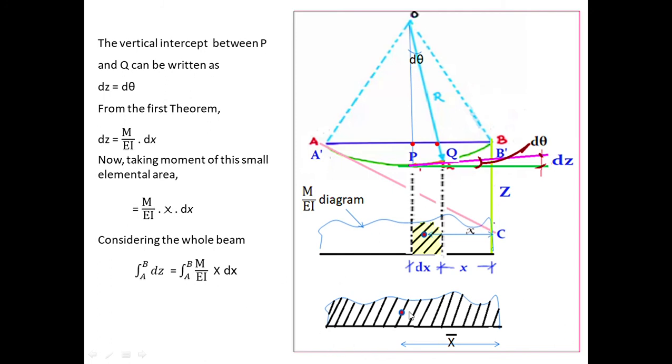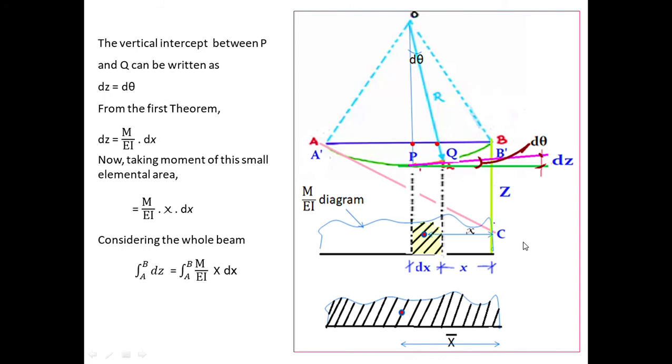X bar means, suppose this one is x1 and x2, x3, x4, x5, x6. The moment diagram will have many parts, so for each and every part, we name it as area 1, area 2, area 3, like this. Each area will have some centroid, that is x1, x2, x3.